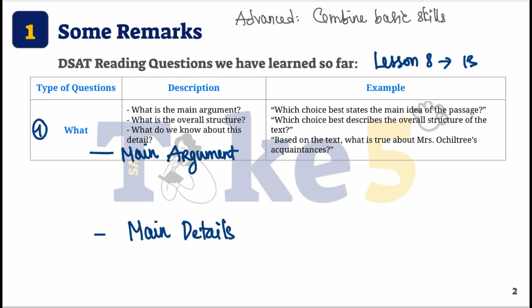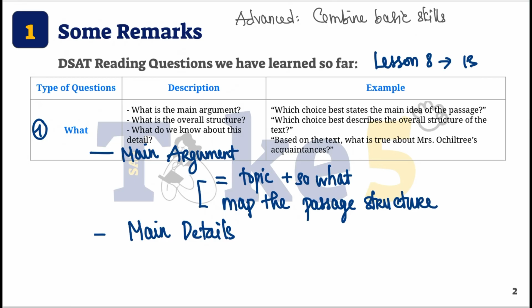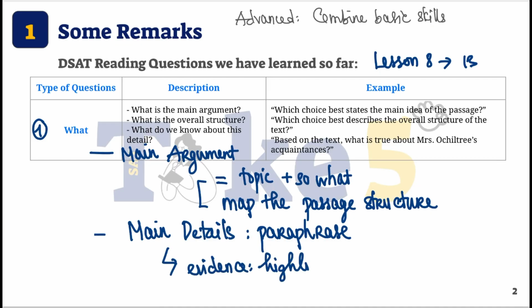These are the more straightforward questions. All you need to do is locate the main argument by combining the main topic and a so what to describe that topic, map the passage structure, and paraphrase what's already there. The evidence is very findable. You can highlight and underline it directly in the reading material.